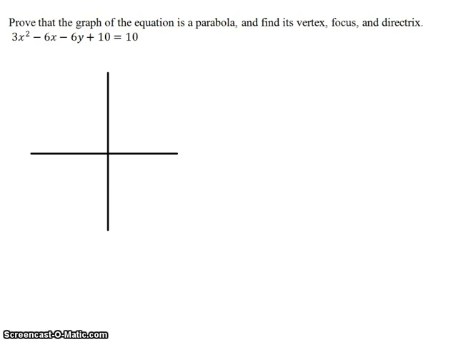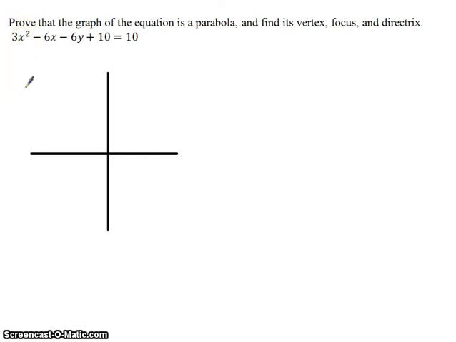We want to prove that this is the equation of a parabola, and then we want to find the vertex, focus, and the directrix. What that means we need to do is complete the square with this equation. Remember that when we complete the square, we can't have a coefficient other than 1 right next to, in this case, the x squared.